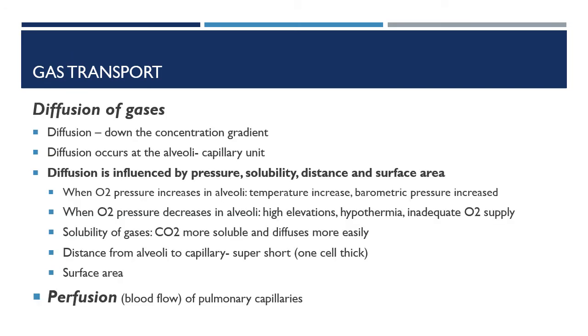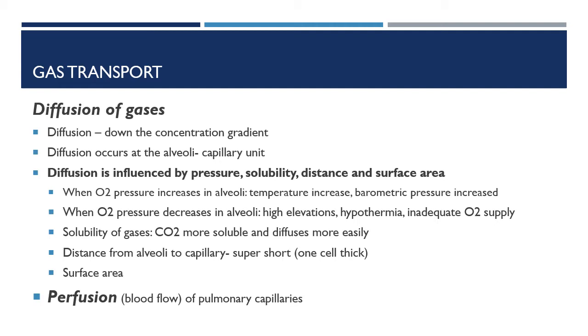Okay, so we just had a chat about ventilation on the previous slide. Let's talk about diffusion. Diffusion is the process of what's happening in the alveoli, right? So diffusion always goes down concentration gradients. So oxygen diffusing from the alveoli to the capillary is because there's normally a higher concentration of oxygen in the alveoli.